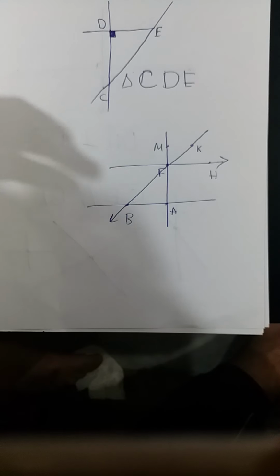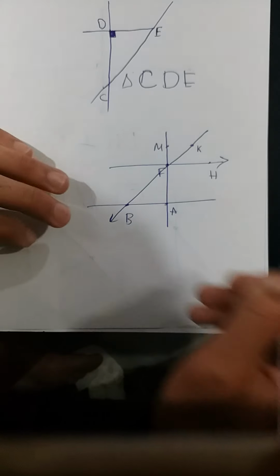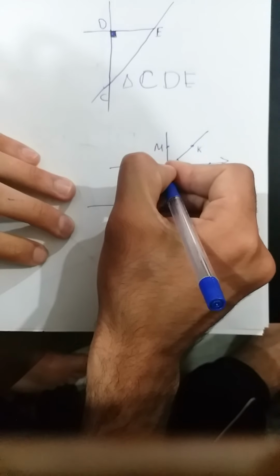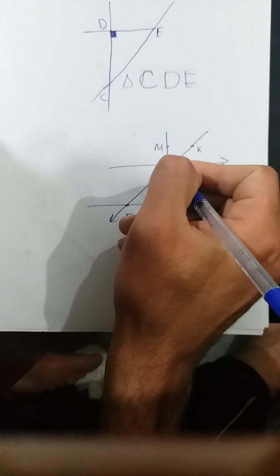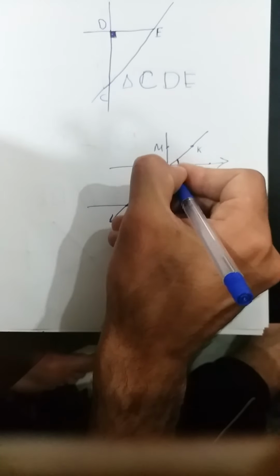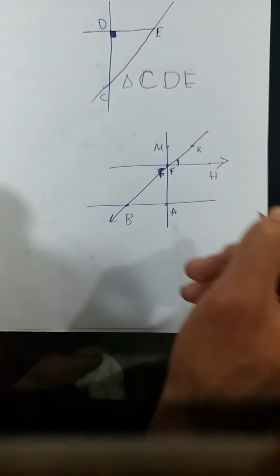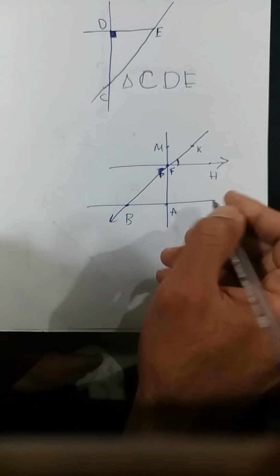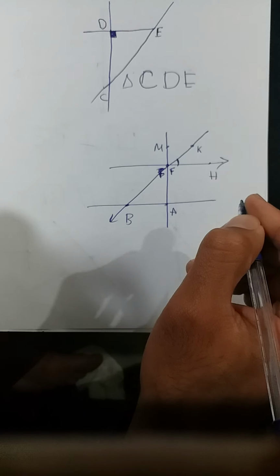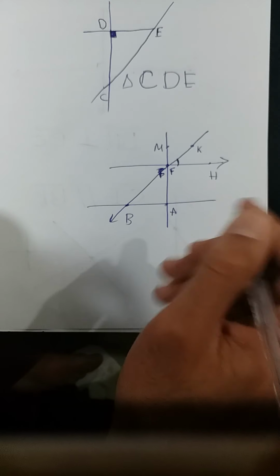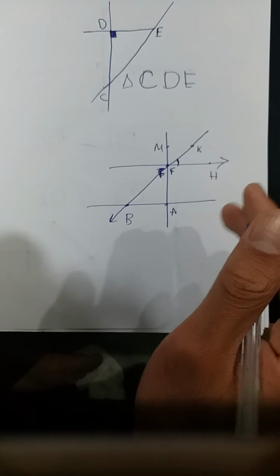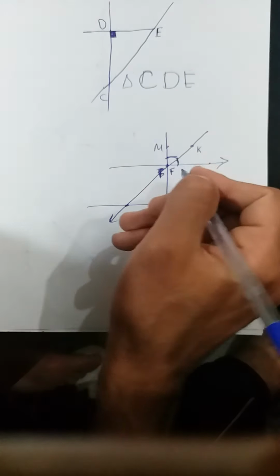An acute angle should be less than a right angle. So F is an acute angle. And I'm going to find that C is an acute angle, and this is an acute angle.